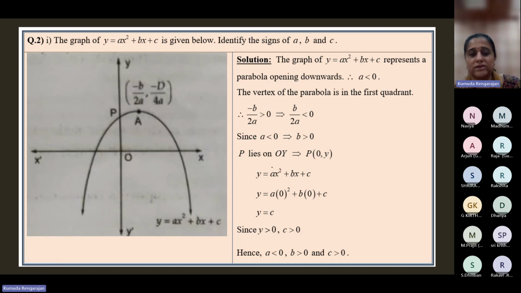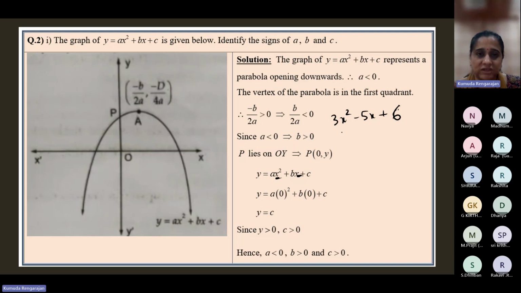Now we'll do one thing. We'll just use x equal to 0 and find the value of y. So when you have the quadratic polynomial in this form, you can find where the parabola will cut the y-axis.